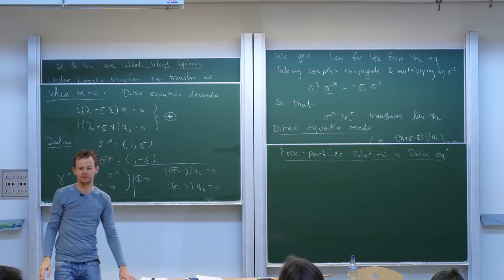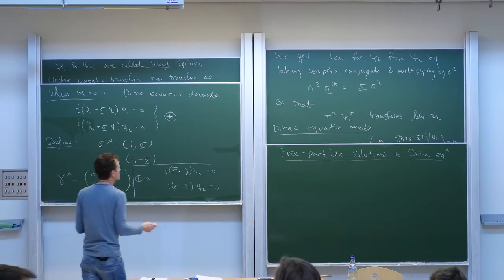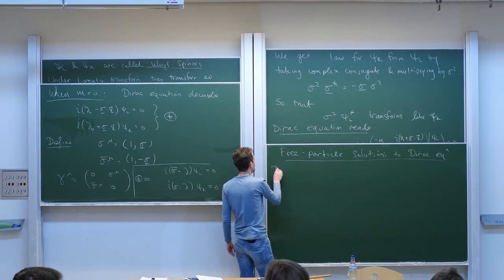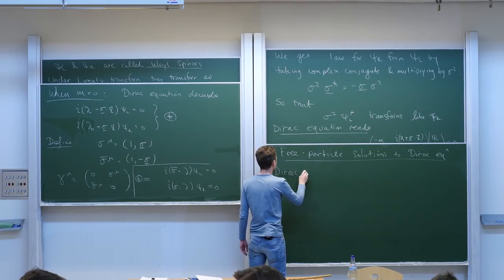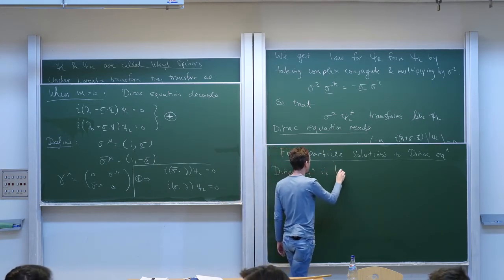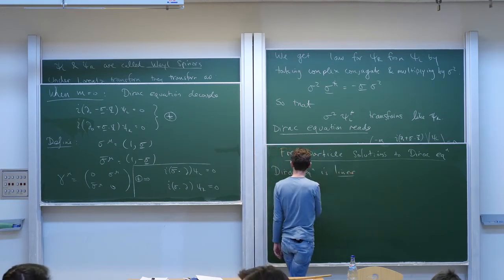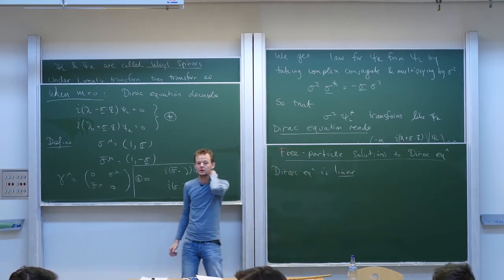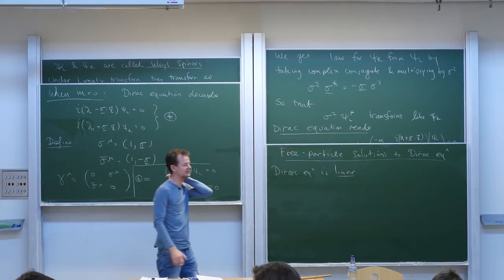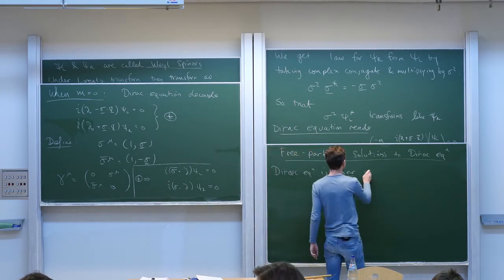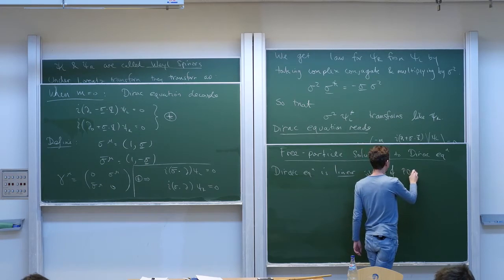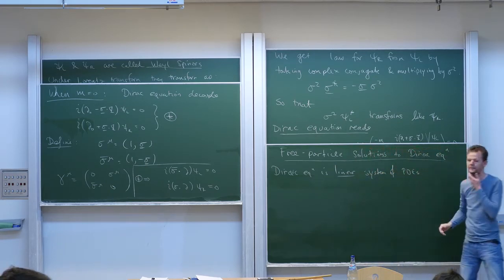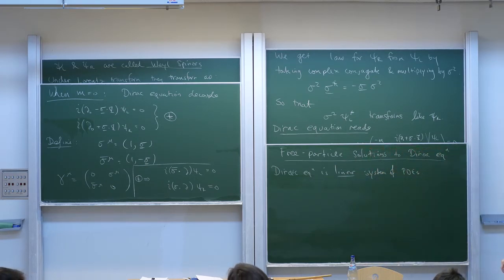So the first thing to note about the Dirac equation is it's a linear equation. It's a linear PDE. It's a linear system of PDEs. So the way you should think to solve those kind of equations is just do a Fourier transform and you're done.